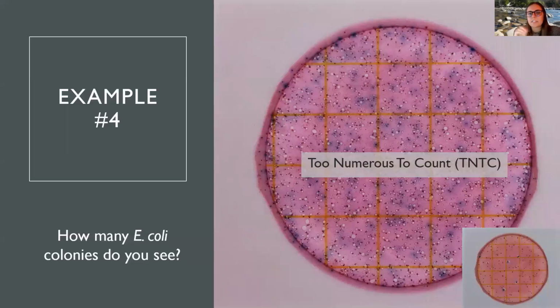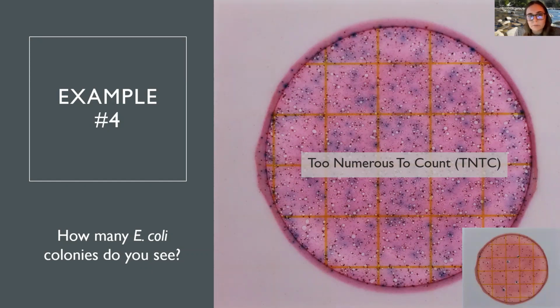But when we're looking at TNTC plates, we can see that the background has changed to this dark pink or maybe purplish color. That's going to give us a pretty strong indication this is probably a plate that we can label as TNTC.